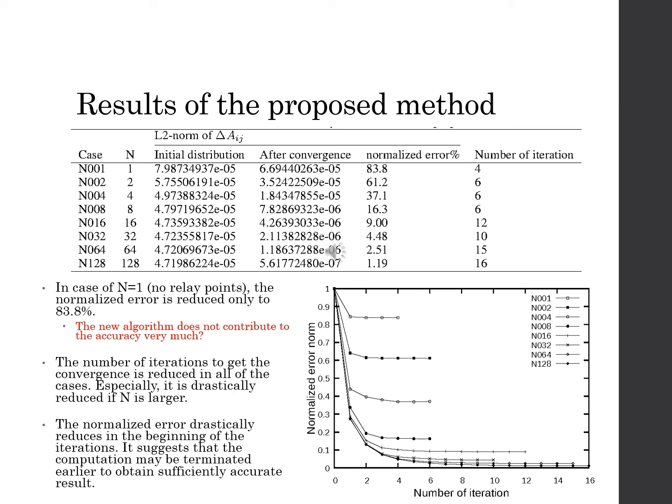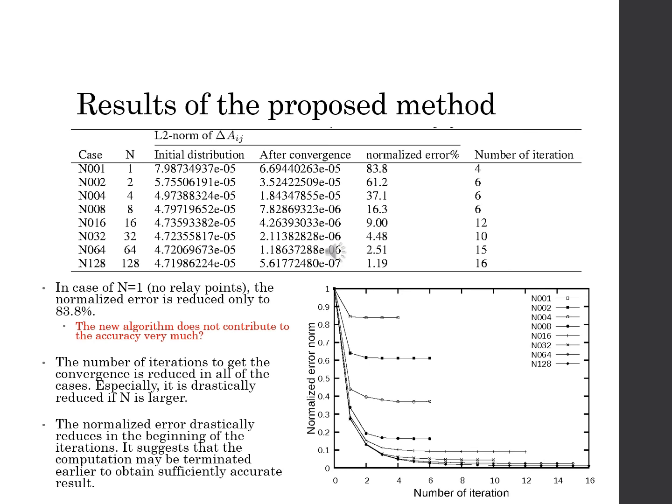But the very important thing is the number of iterations. By using the proposed technique, we can confirm that the number of iterations is drastically reduced. And further, if we see the change of the normalized error norm with the number of iterations, in the case of the proposed technique, the error is drastically reduced at the beginning of the iterative calculations, and after that, it doesn't change so much.